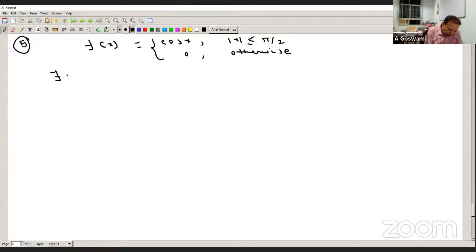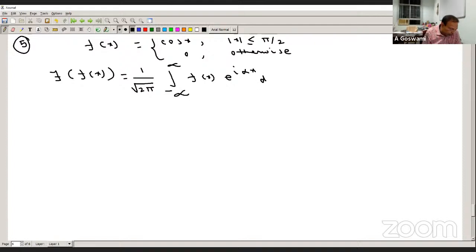So the Fourier transform of f(x) equals 1 by root 2 pi, integral from minus infinity to infinity of f(x) e power i alpha x dx.